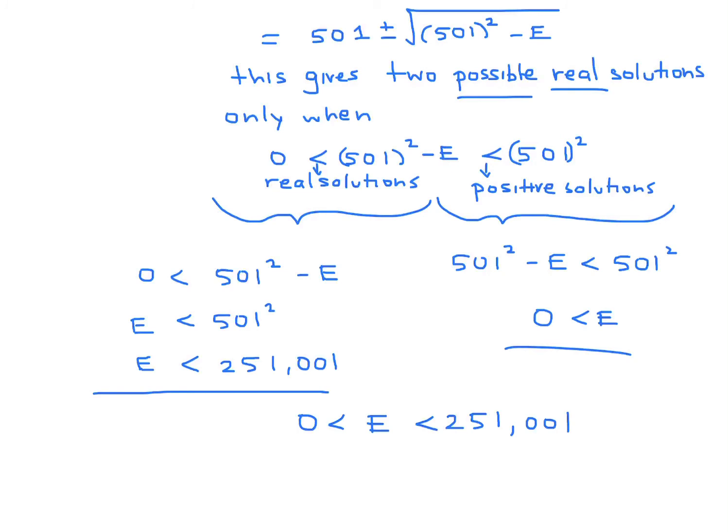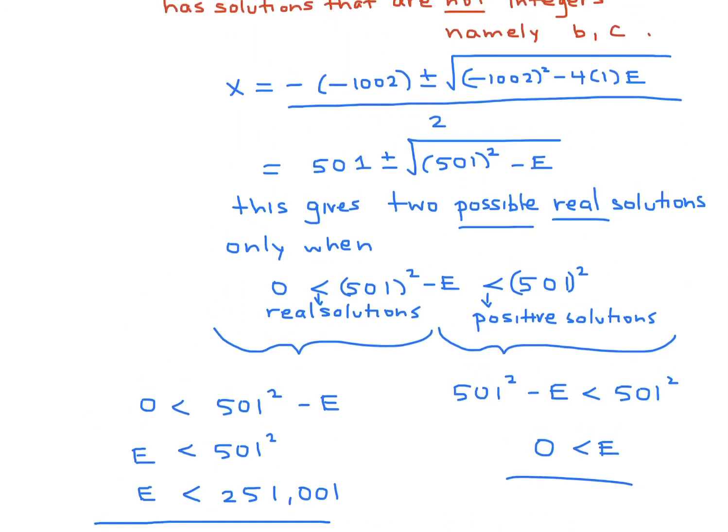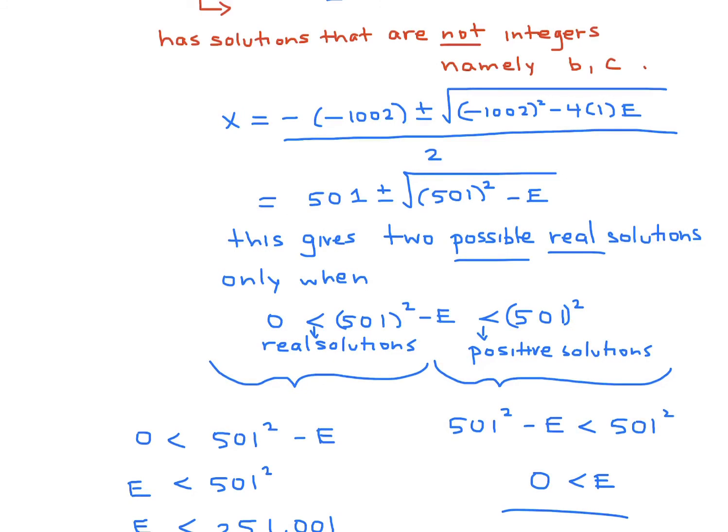But there's one final little thing that a lot of people would miss, is that, remember, these solutions cannot be integers. So this guy right here will become an integer sometimes. We've got to subtract those ones. When does it become an integer? For any value of e that makes this a perfect square.